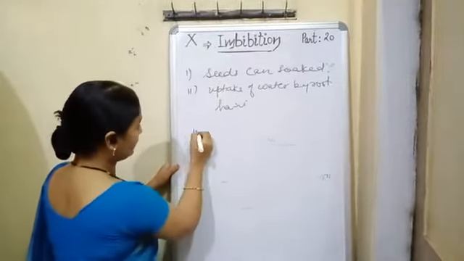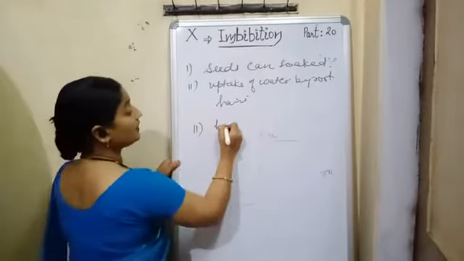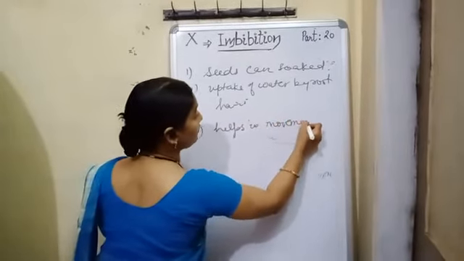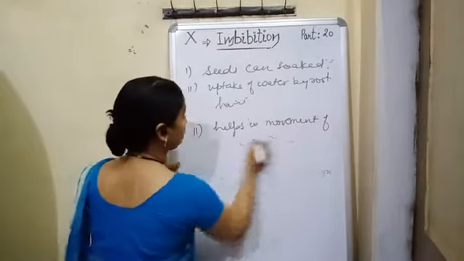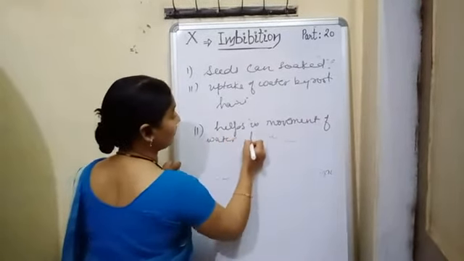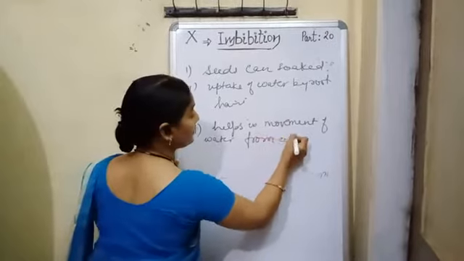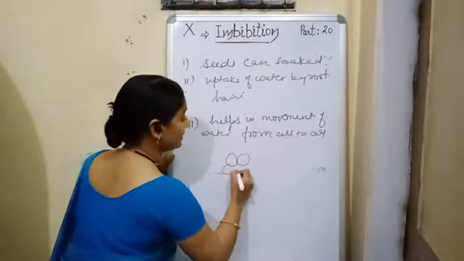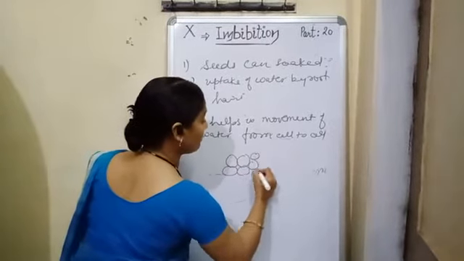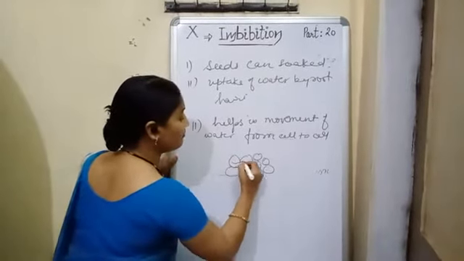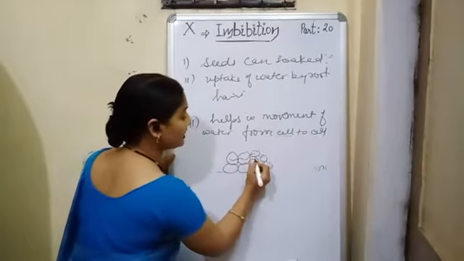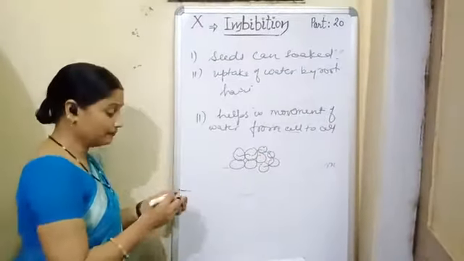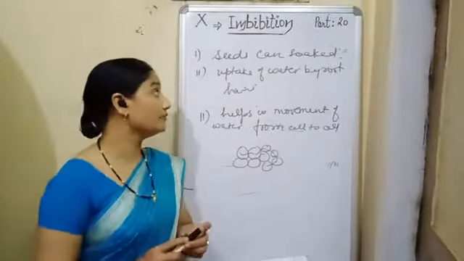Clear? Then it helps in movement of water from cell to cell. Like if these are the cells, then water will move from one cell to another cell by the imbibition pressure. So this is all about imbibition.